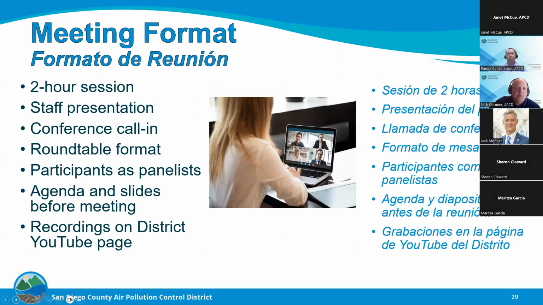The proposed format for future working group meetings is as follows. We're looking at 2-hour sessions that will include a staff presentation, as well as conference call-in and email access. We're hoping to do a roundtable format that facilitates open dialogue between staff, stakeholders, and interested parties.